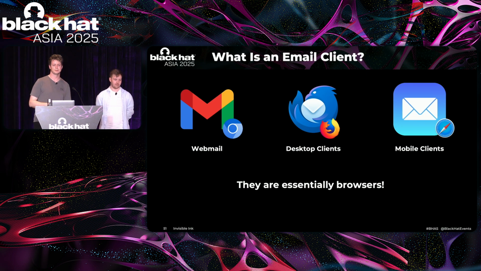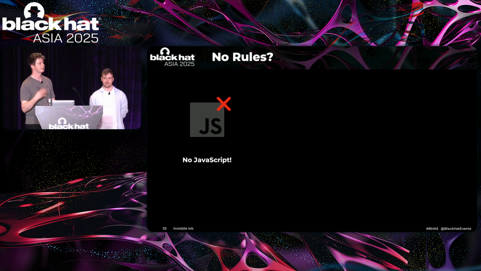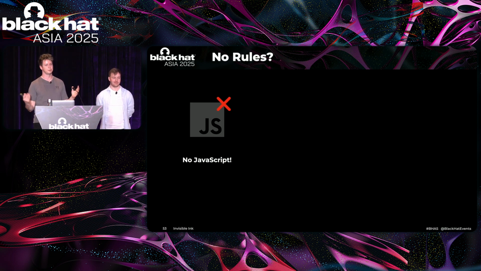So we thought to ourselves, okay, if that's an email and we have HTML and CSS here, what about JavaScript? Can we just insert JavaScript there and then get our JavaScript-based fingerprinting in again? But the unfortunate answer, depending on your perspective, is no, you cannot just execute JavaScript there.